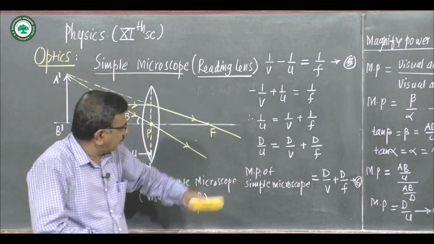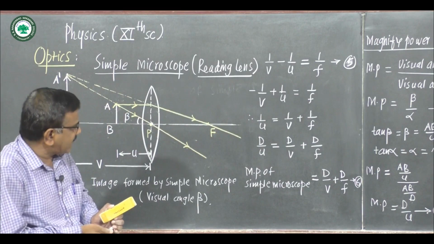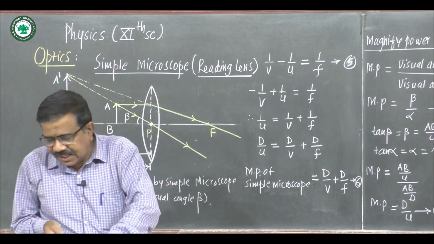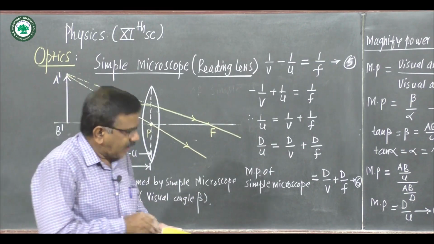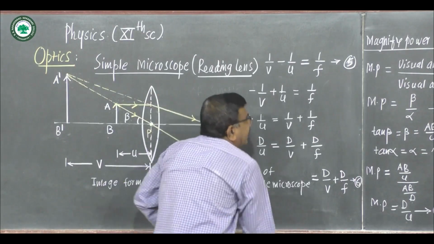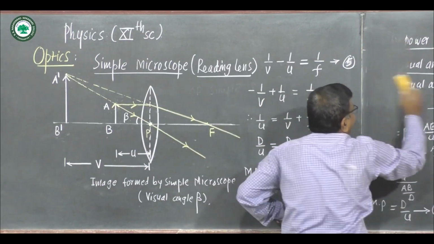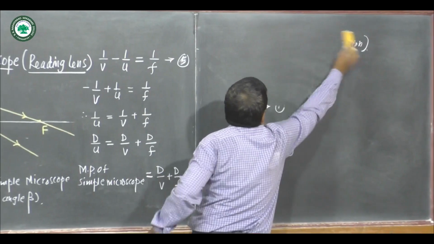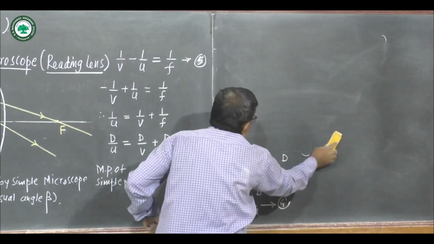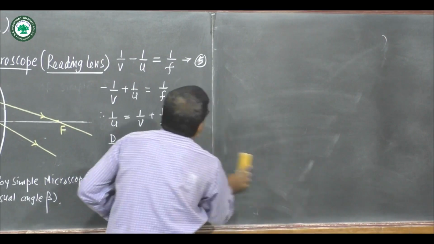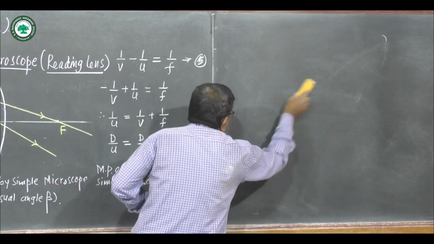We get the expression for the magnifying power of the simple microscope as D upon V plus D upon F. Now we consider some limiting cases here: when the magnifying power is maximum, when it is minimum. These cases are also important.